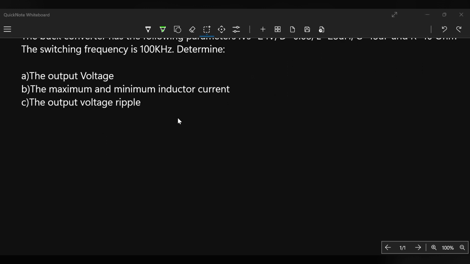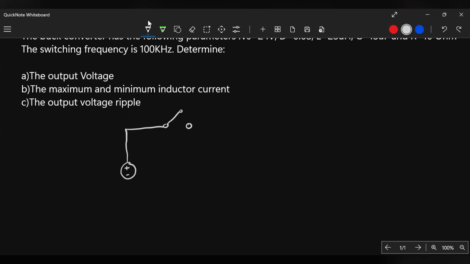So we have the source side here, which is DC. We have the switch. This switch is not the common switch, it is actually an electronic switch like a transistor.